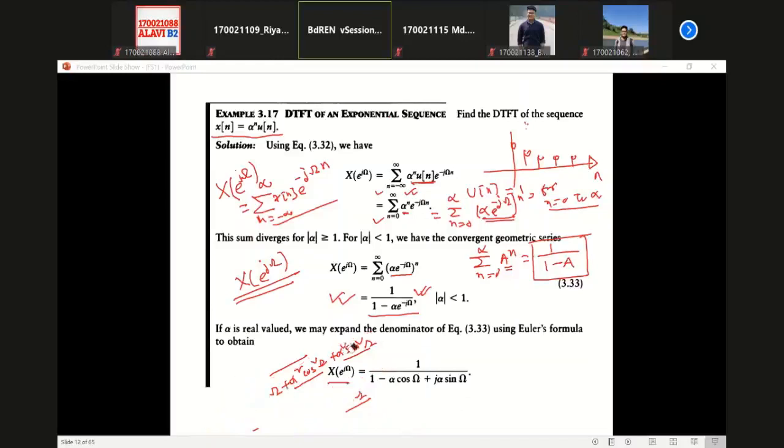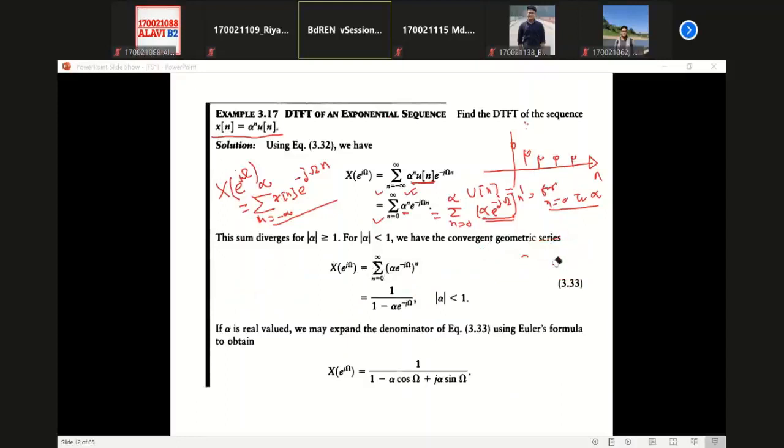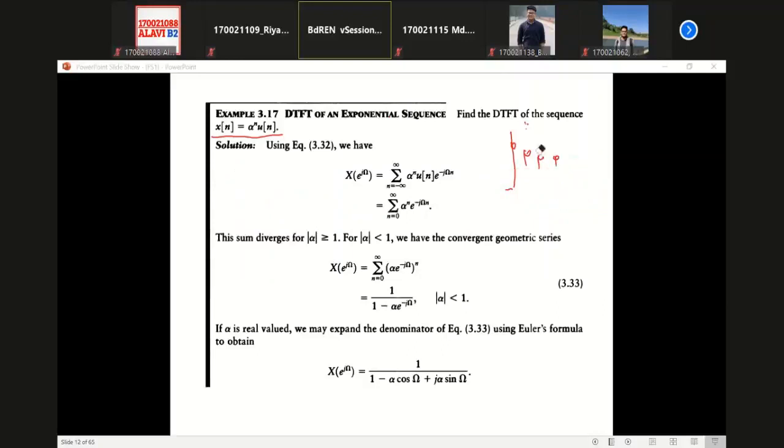So in general, a plot will be there. If X magnitude is plotted with respect to omega, you see that in the case of Fourier series, we calculated the Fourier constants for discrete values of harmonic number k. So only discrete frequencies exist. But here in our case, it is a continuous function of the frequency capital omega.